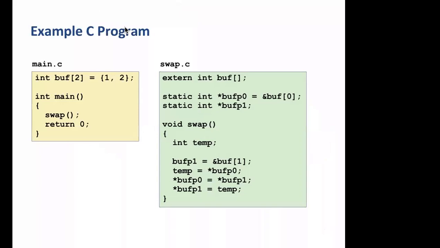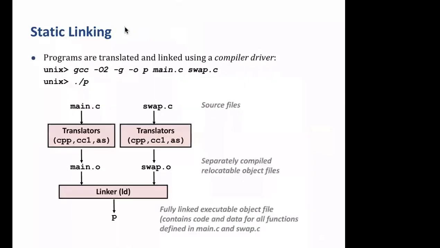Okay, so here is the example. First we'll look at a simple example that corresponds to static linking, then we'll talk about dynamic linking. Then I will discuss briefly what kind of problems it can cause. So this is a main program, and this is a function swap.c.